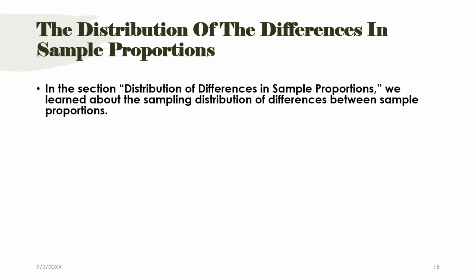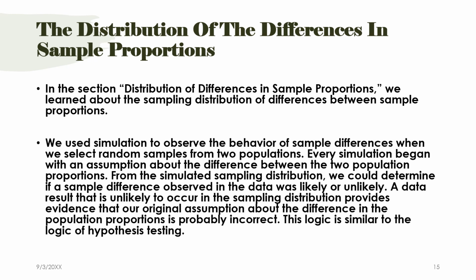The distribution of the difference in sample proportions. In this section, we learn about the sampling distribution of the difference between sample proportions. We use simulation to observe the behavior of the sample difference when we select random samples from the two populations. Every simulation begins with assumptions about the difference between the two population proportions.